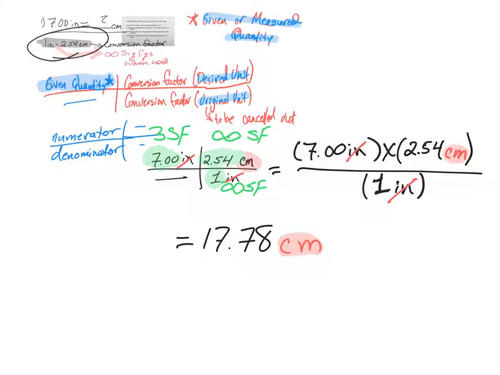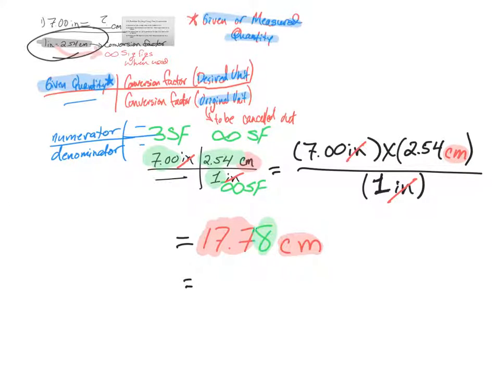Since this is a multiplication/division problem, we use the number with the fewest number of significant figures. So the answer to this question must be to that many significant figures. And so we have 1, 2, 3.